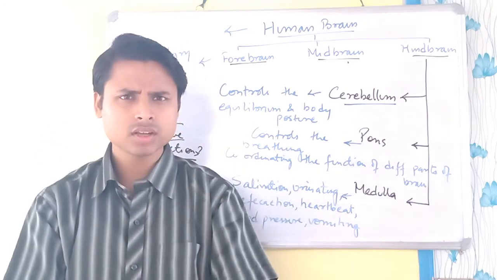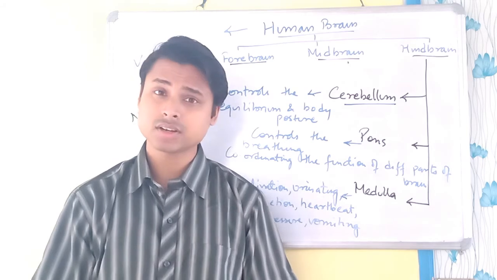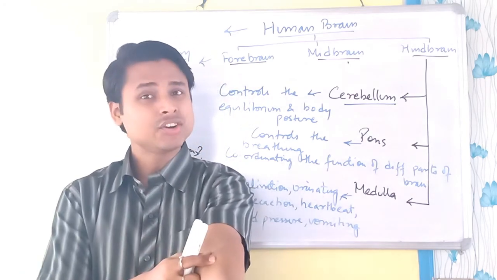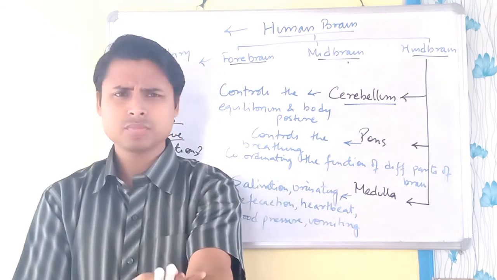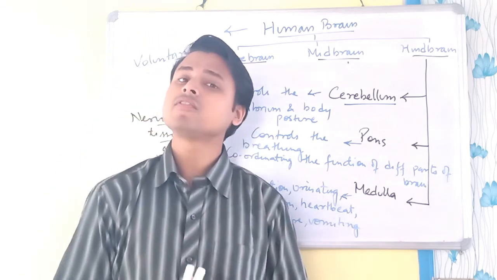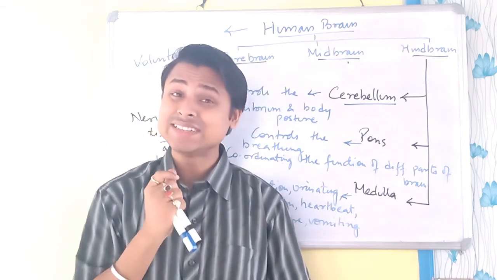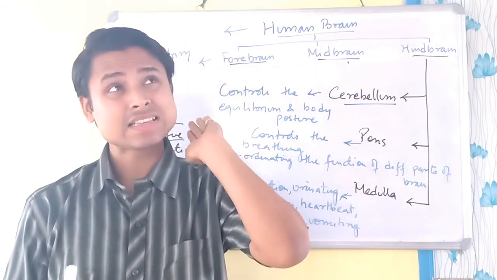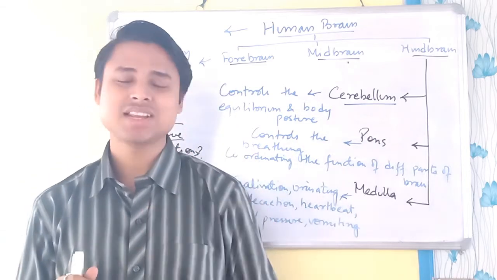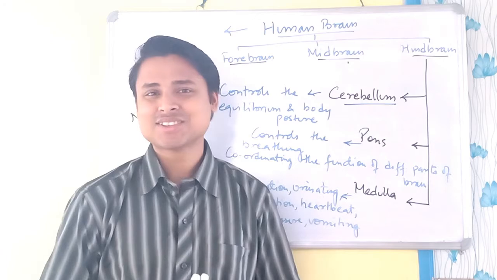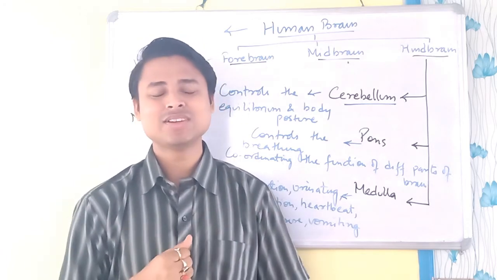If you tighten it up, it is contracting. Loosen up, relaxing. How the muscles work, you will learn in detail in class 11, if you go with an interest in biology. So I hope you will go with the interest of biology.